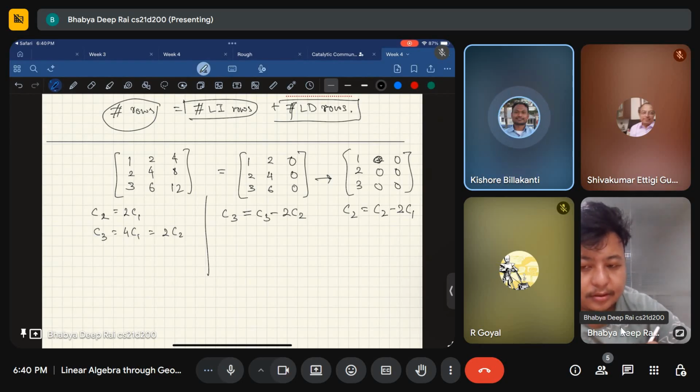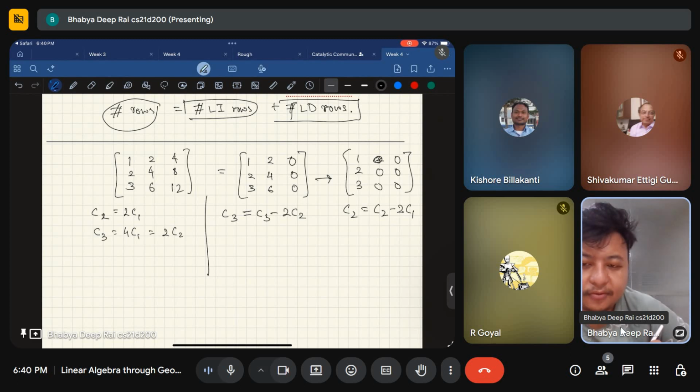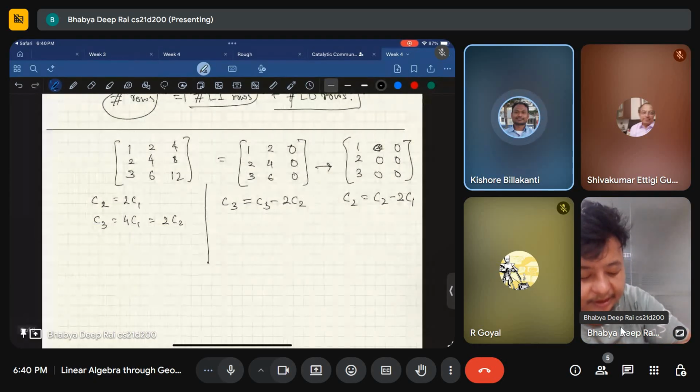If we do this for the first element, in the first row it should be 2 into 2, 4, minus 3, so minus 1 we get, right? Because it is 2 times C2. Which one, this part or this part? Oh, it's a column, right? Yeah, it's a column.